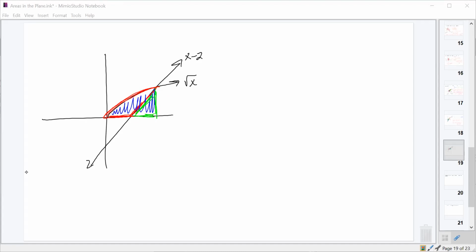So what is the blue one? Well, the upper function is always root x, and the lower function is always just the x-axis. So I should now be able to just integrate from 0 to 4 only root x dx and subtract off that triangle in green. Well, if this was 2 and this was 4, and I plug in 4 to root x, this height up here is 2. So it's just 1/2 base times height.